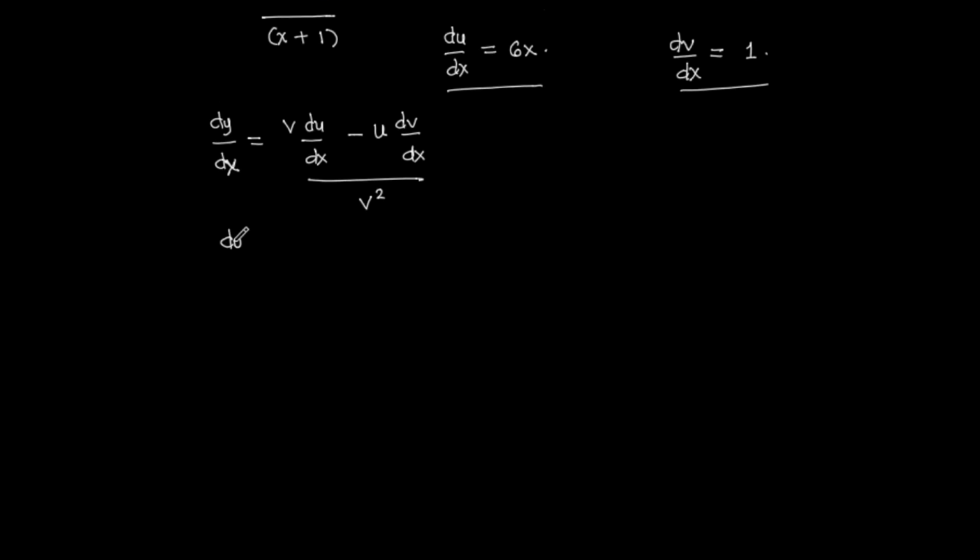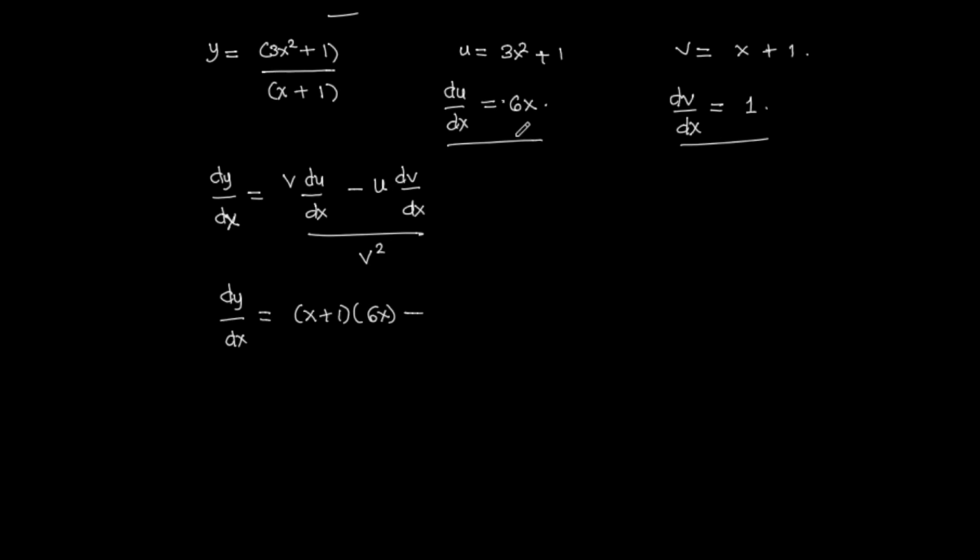So with all this, we can go on and substitute our derivatives into our formula, and that is dy by dx equals v, our denominator here, that is x plus 1, and this multiplies du by dx, and du by dx is 6x. Then we bring our negative, the subtraction sign, down here, and u is the other function up here, that is 3x squared plus 1.